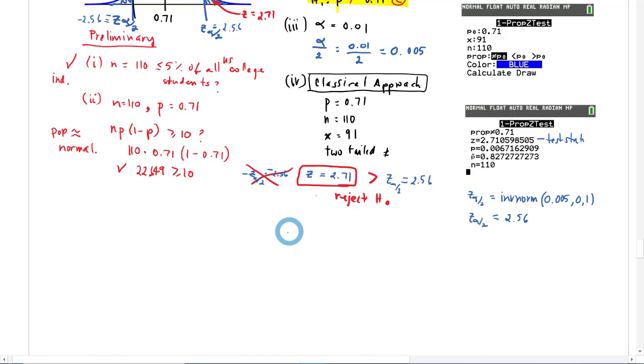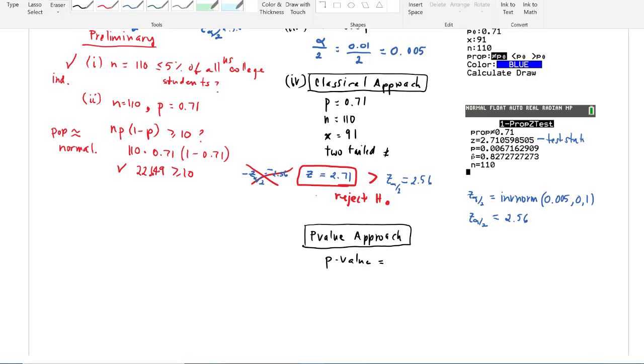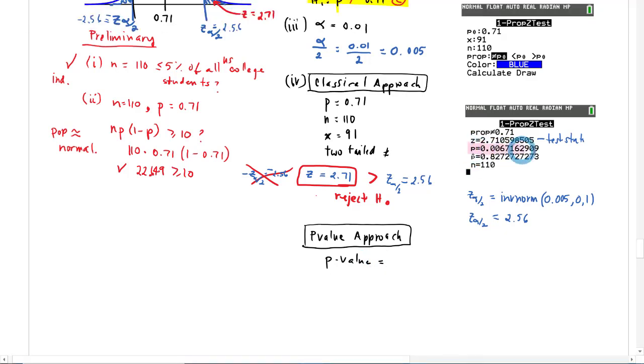Right? And here the p-value from the calculator is 0.0067, and alpha was 0.01.